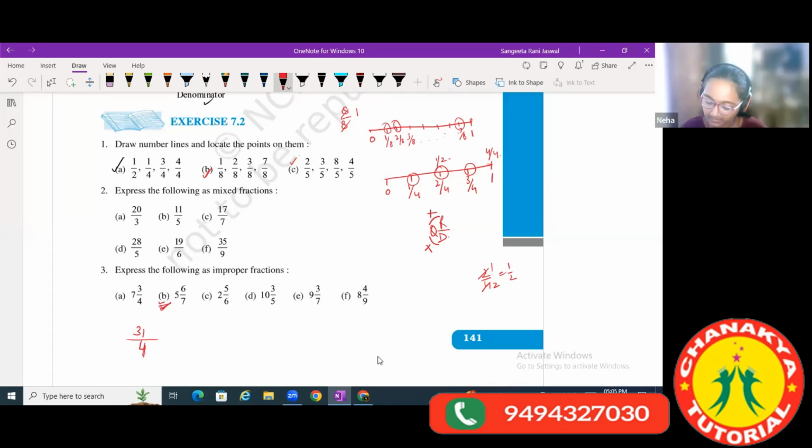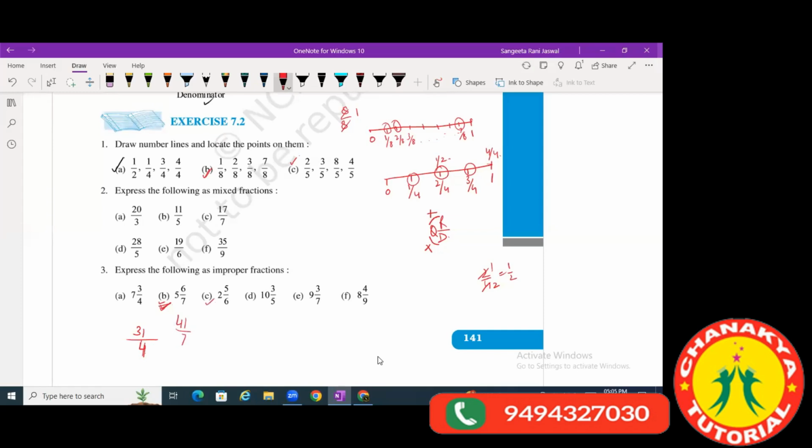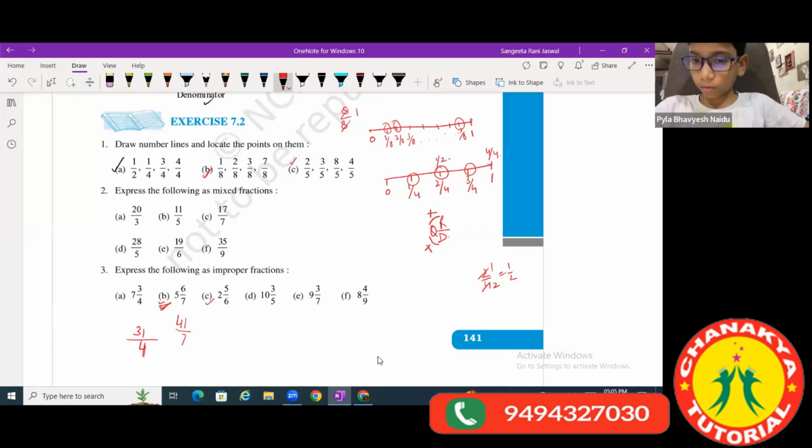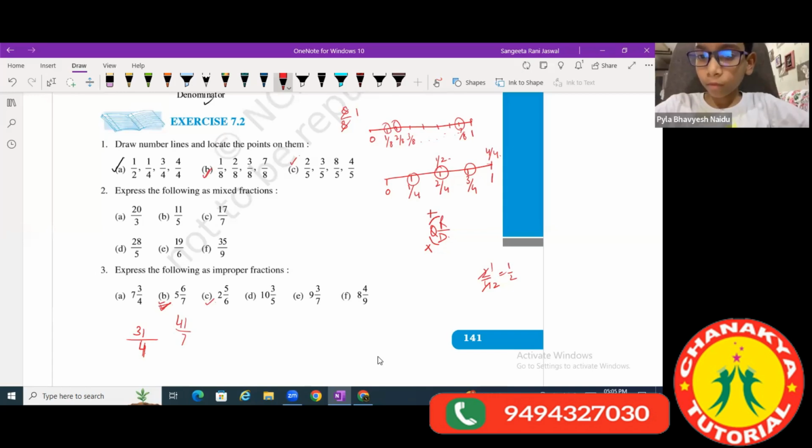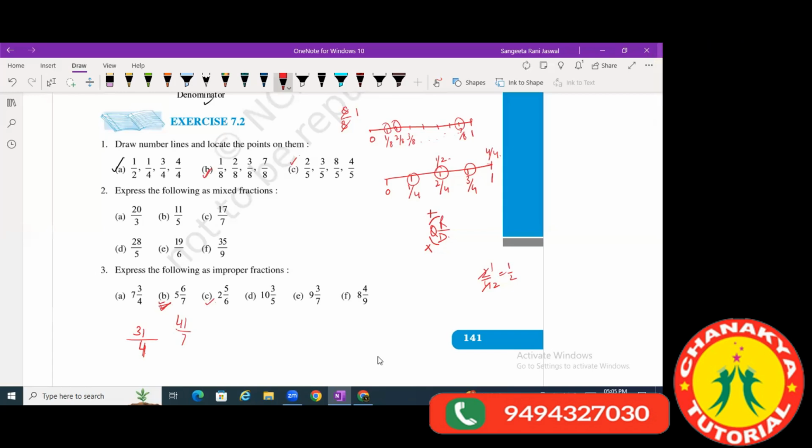Ma'am, the B1 answer is 41 upon 7. Good. Bhavesh, tell me the C1. Ma'am, I'm not done with C1. You have not done the C1, so do it now. Do it now, it will hardly take a second.